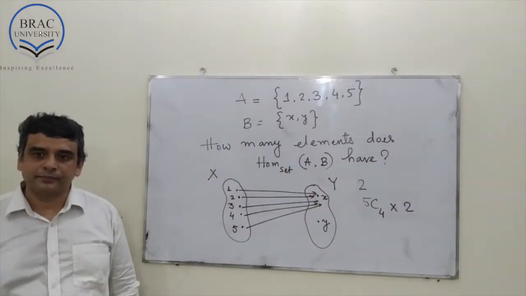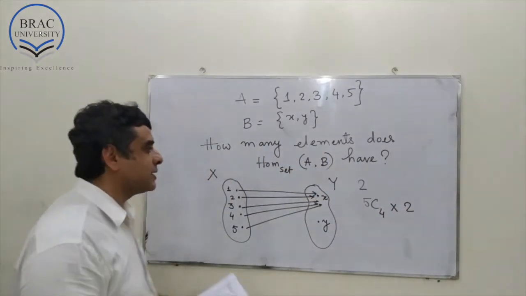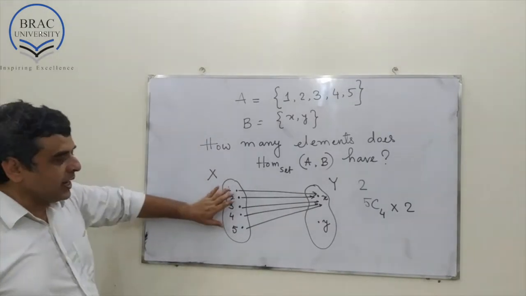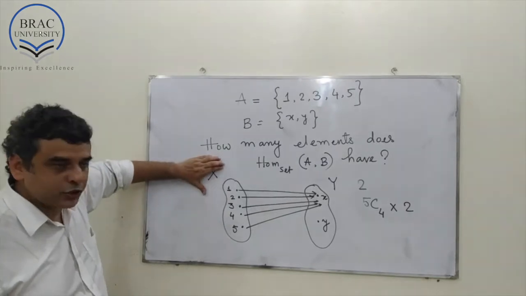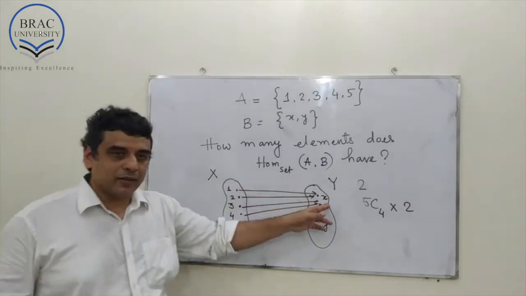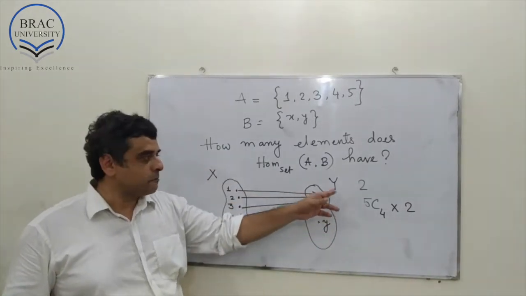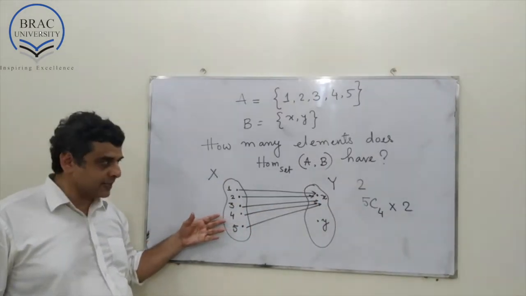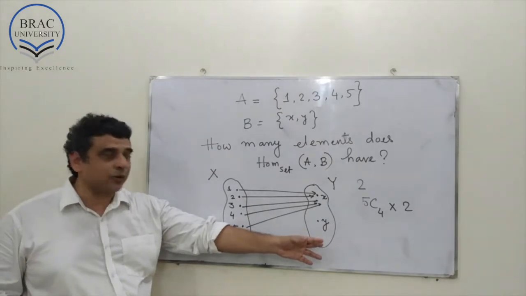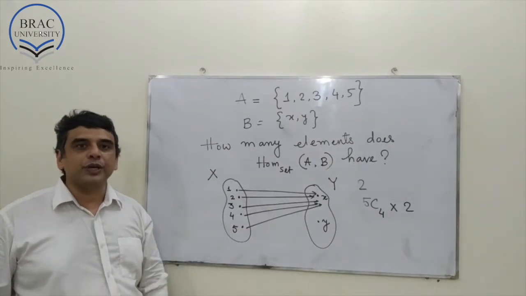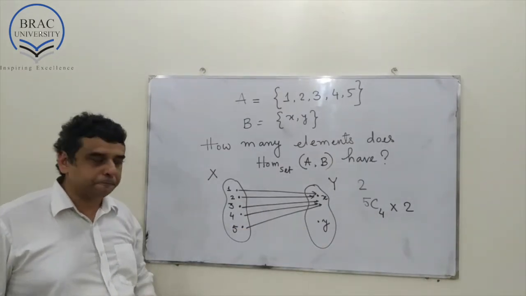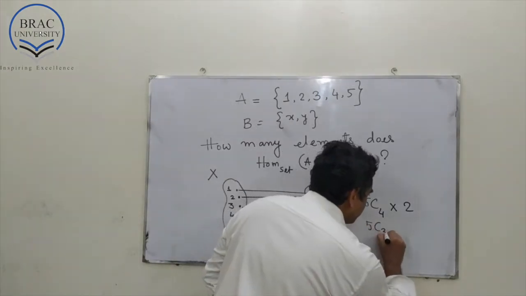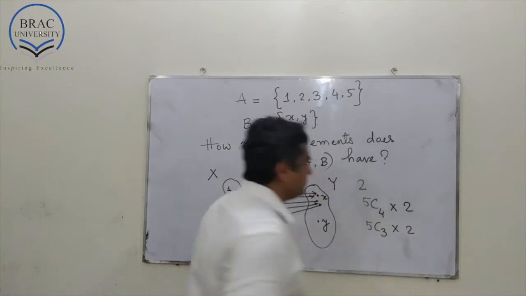Now if 3 elements are mapped to one element of B, and the rest of the 2 elements are mapped to the remaining element, we can do that in 5 choose 3 times 2 ways.